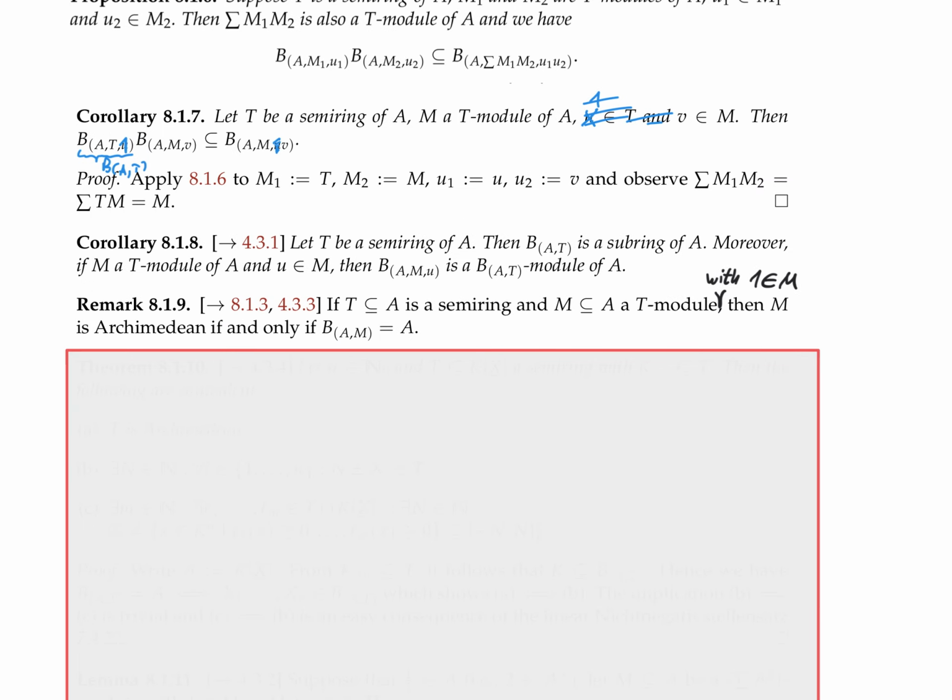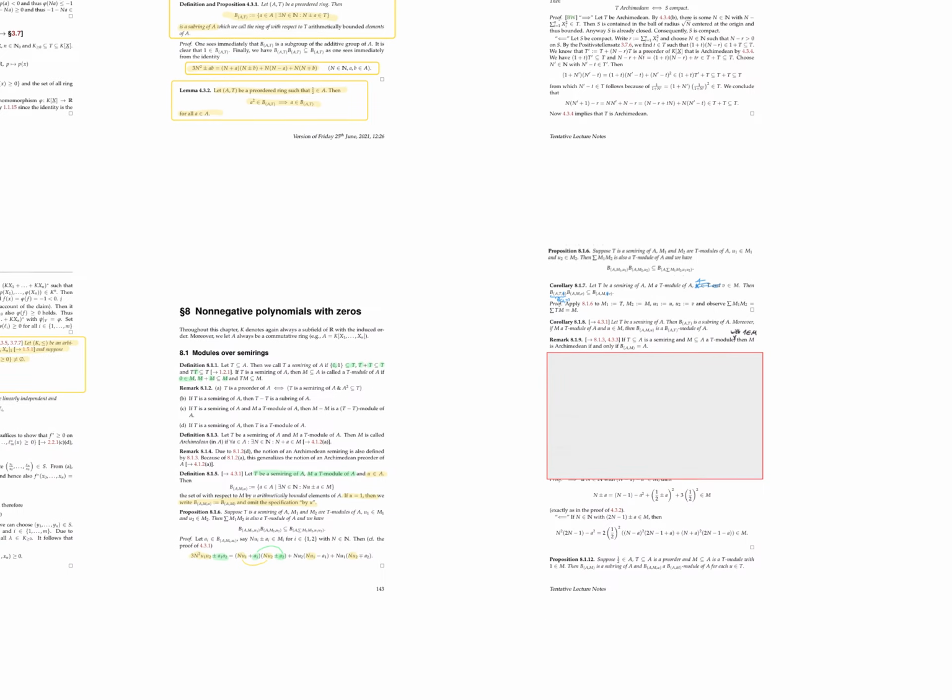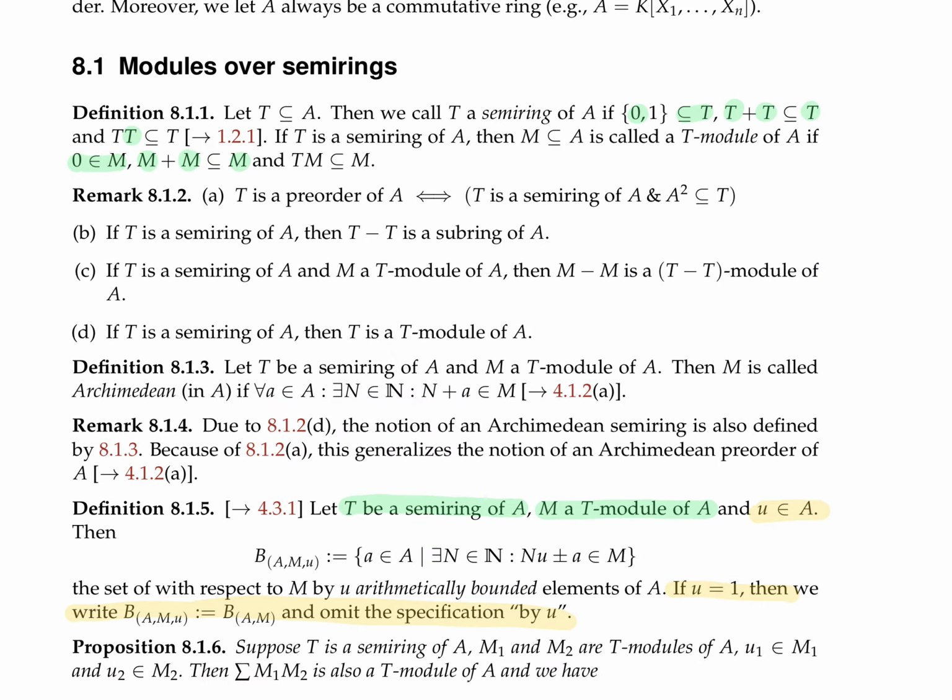Why do I want to require it? Because Archimedean initially by 813 means this condition here, whereas that every element is arithmetically bounded with respect to M means actually that I have here plus or minus.